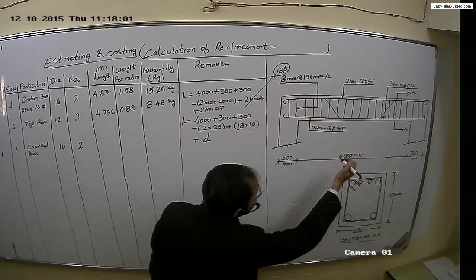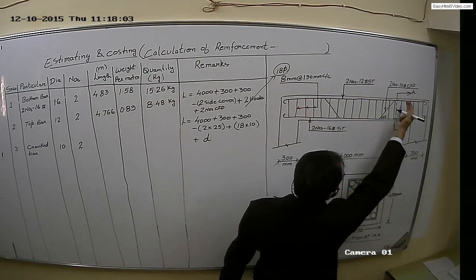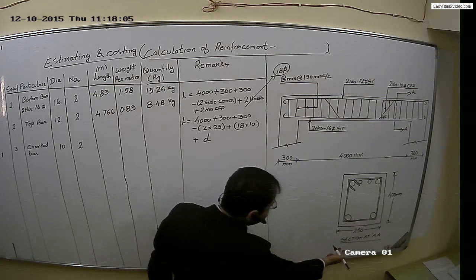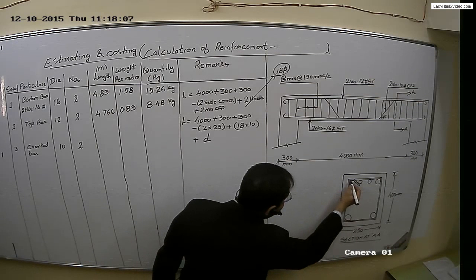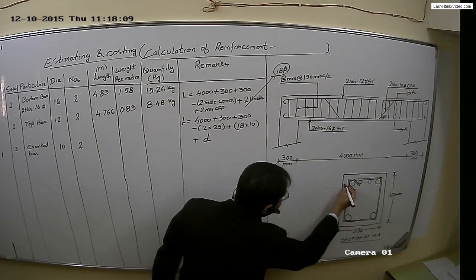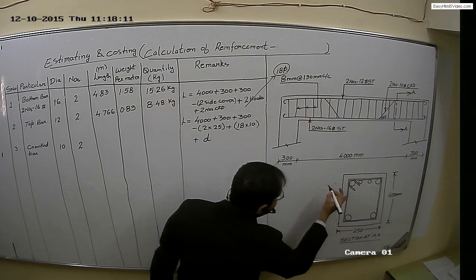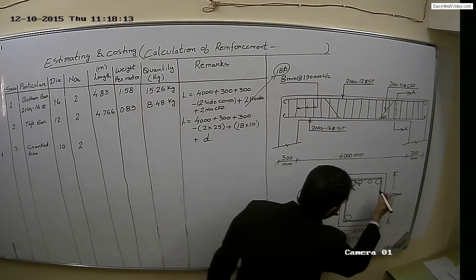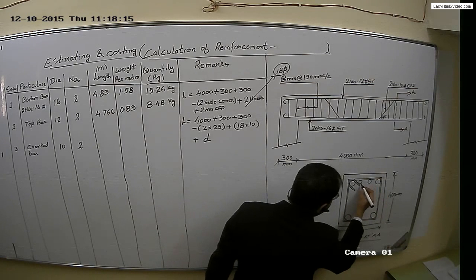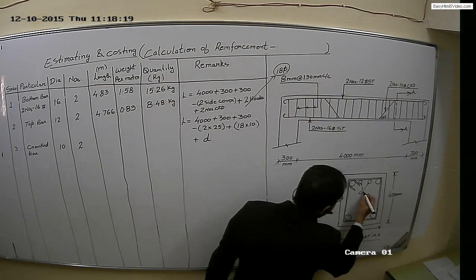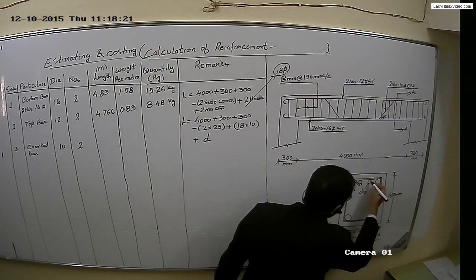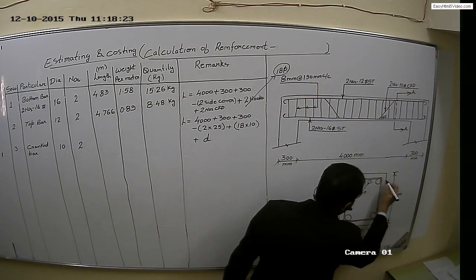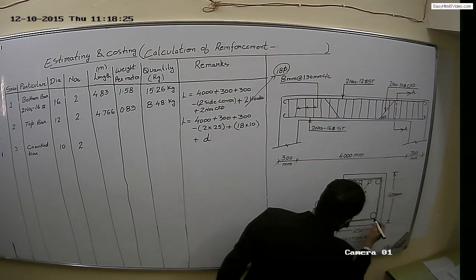What is D? I have already marked a section AA. Here is the section of AA. This is the crank portion. We'll calculate the length here. These are the cranks. So we'll calculate the center to center distance of the crank.